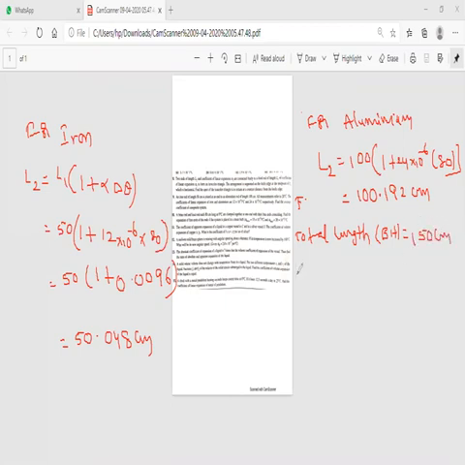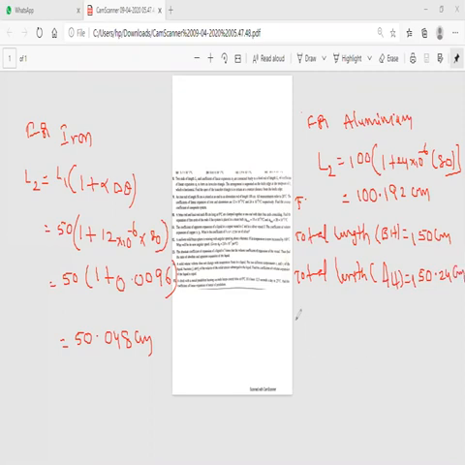And total length after heating, if you calculate, how much will it be? 50.048 plus 50.192. By combining these two values, you will get 150.24 centimeters. This is the total length after heating.